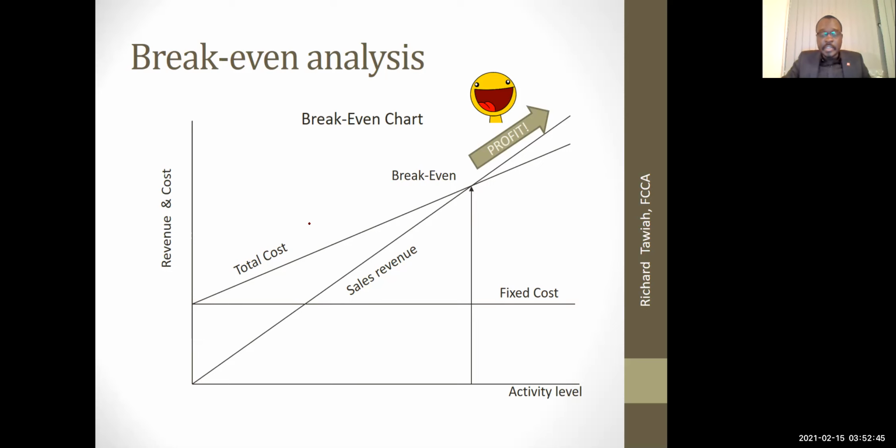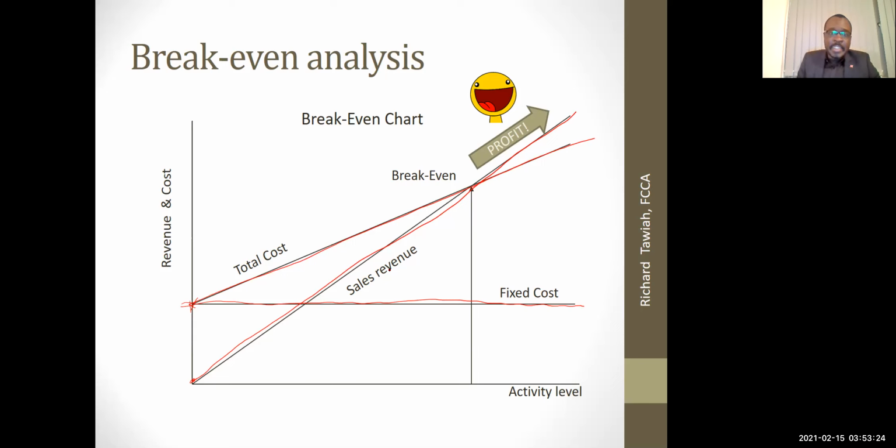Our fixed cost will always remain fixed, whereas our variable cost will move in line with sales, or let me say activity level changes. A combination of our variable and fixed gives us our total cost, so the total cost will always be above the fixed cost.